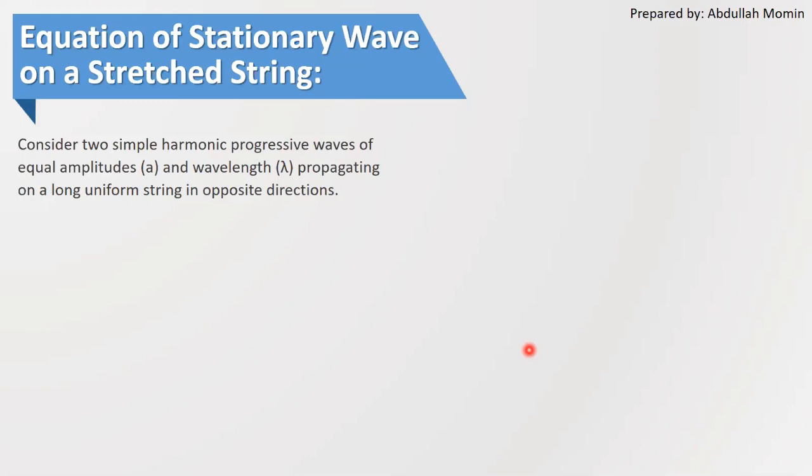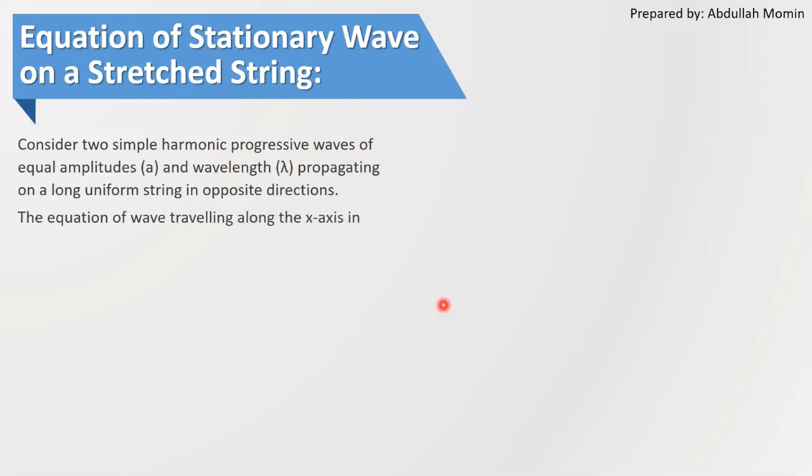When these two waves superimpose with each other, the resultant wave we get is called a stationary wave.